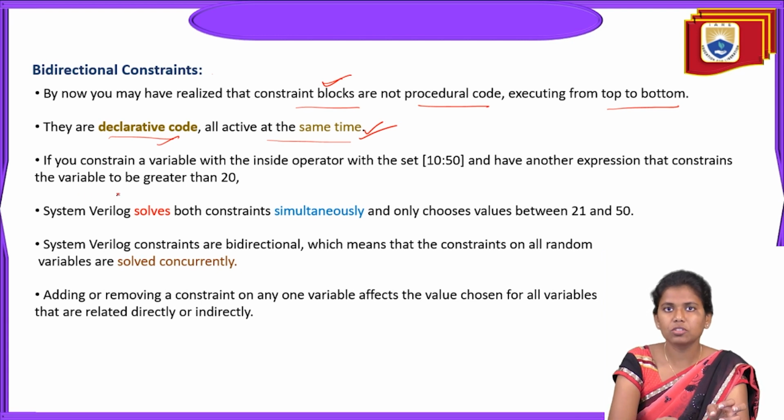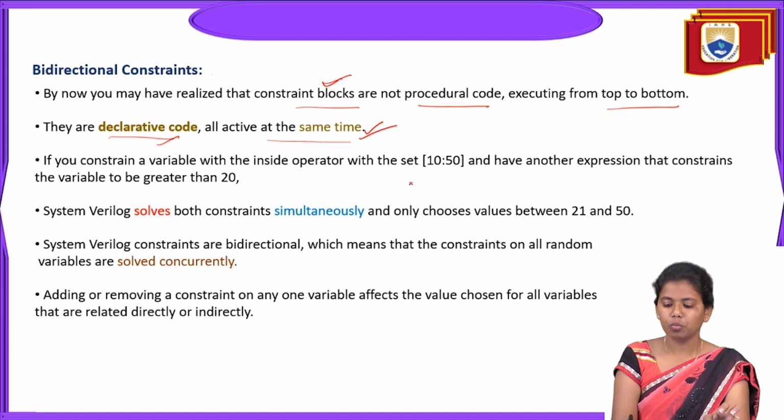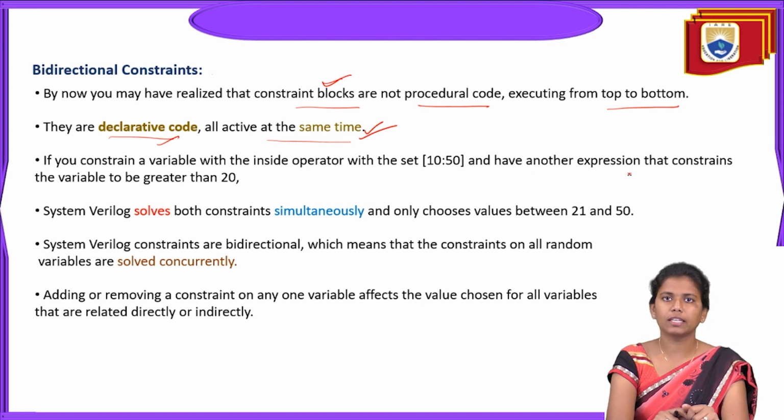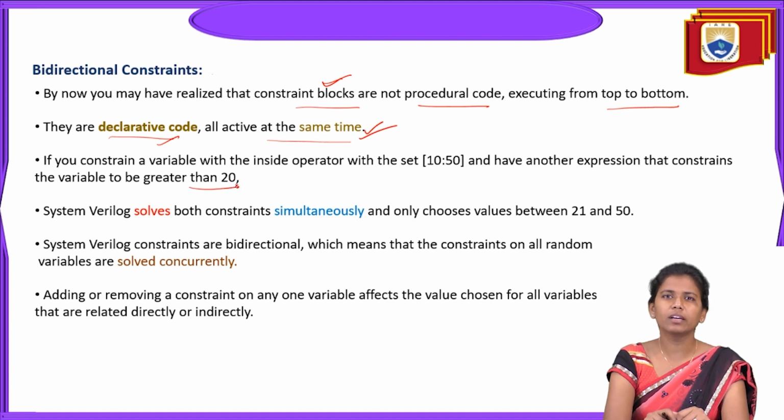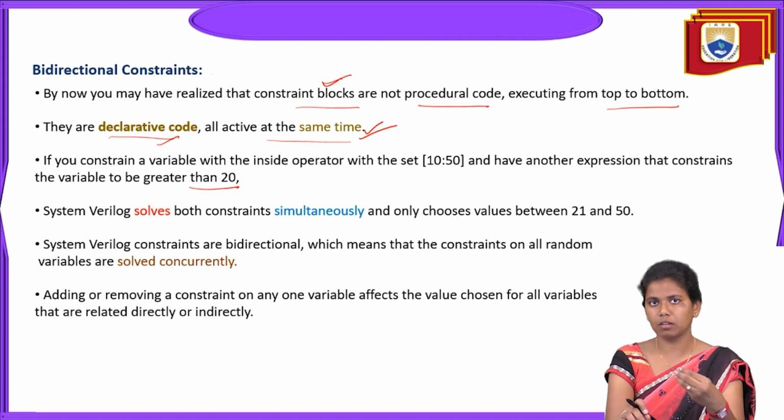Then, if you constrain a variable with the inside operator with the set 10:50, and have another expression that constrains the variable to be greater than 20. Here he is explaining a question with some variables.